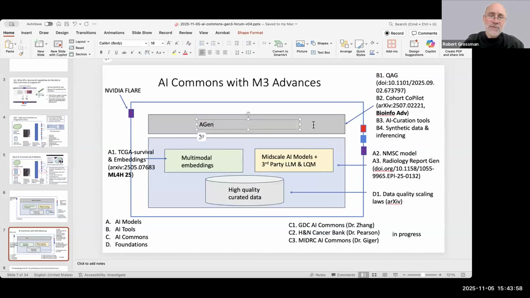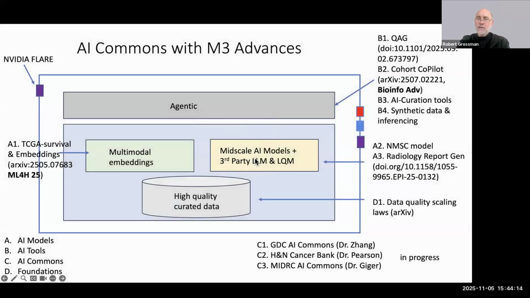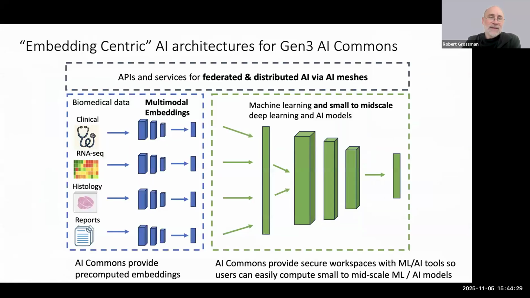There should be agentic interfaces, and these are today available in MCP. And the way we're breaking this up is we have AI models, AI tools, AI commons, and foundations. And I think our point of view has been influenced by all these and models that we're doing. So this is a similar view, a related view.